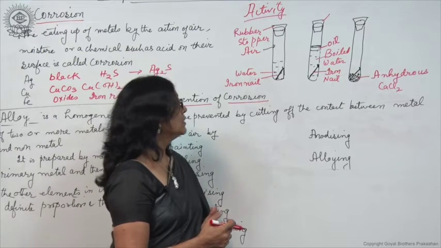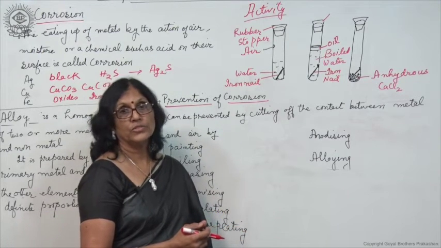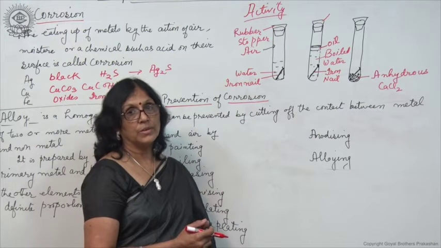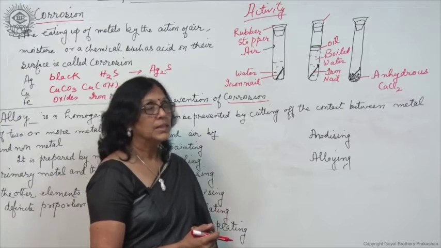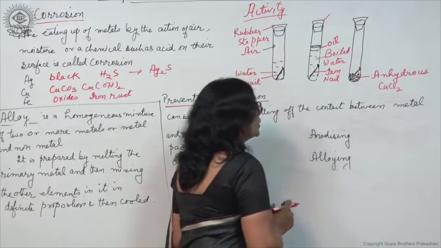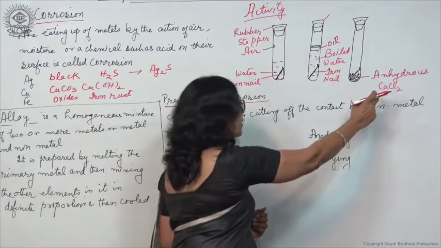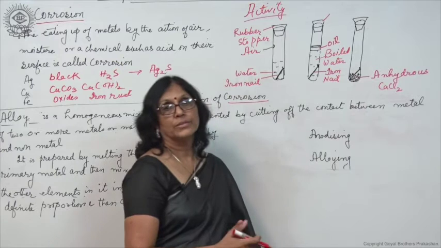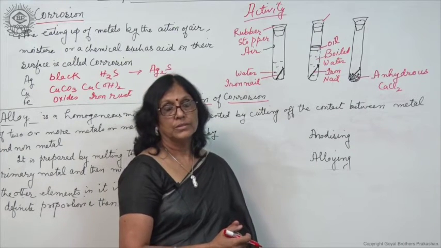So, the iron nail does not rust, it remains the same. There is no brown colored flaky substance on the iron nail. In the third test tube, there is no moisture or air. Moisture has been absorbed by calcium chloride, and this iron nail also has not rusted.